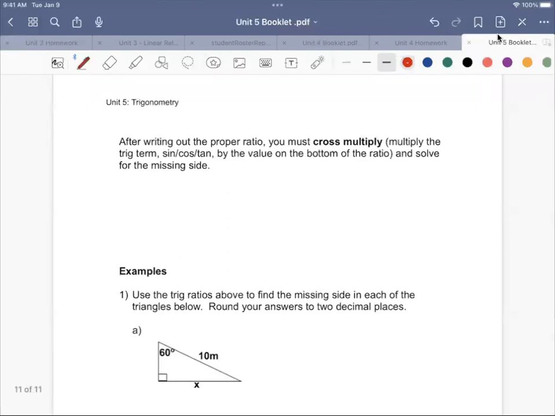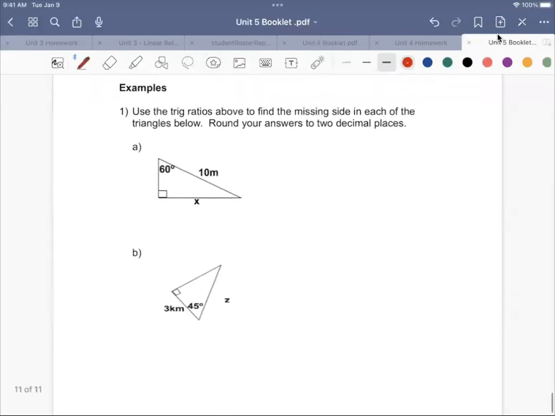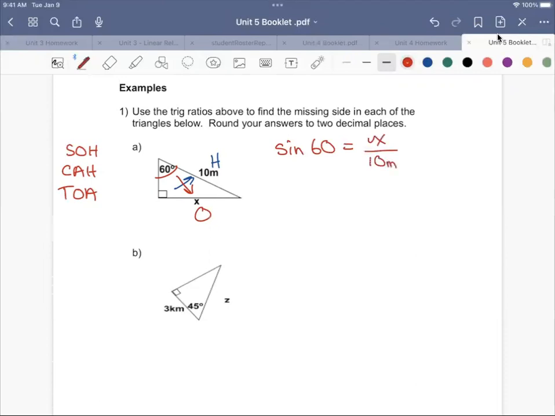So if I move on to the next example, I'm going to use the trig ratios above to find the missing side in each of the triangles below. First thing I'm going to do is label my sides. This is my hypotenuse. The angle I have is 60. So x, what I'm looking for, is my opposite. In this case, I have opposite and hypotenuse. So I know, the second I write them out, I need to use sine of 60 is equal to x over 10 meters.